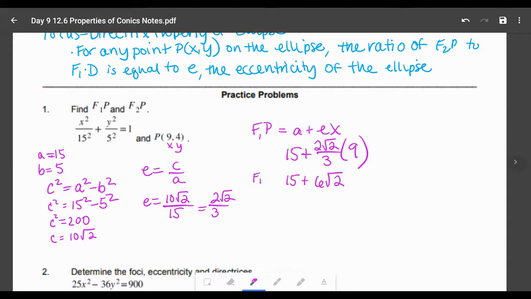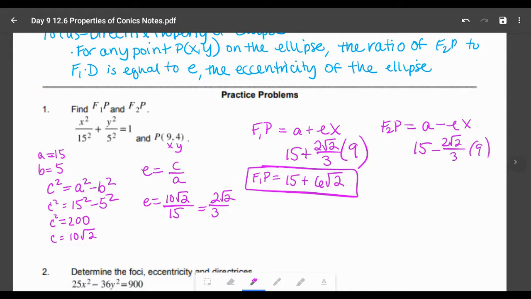So that is the first focal radii length. And then the second one is F2P equals A minus EX. So that would be 15 minus 2 root 2 over 3 times 9, which is 15 minus 6 root 2. And that's the second focal radius length.